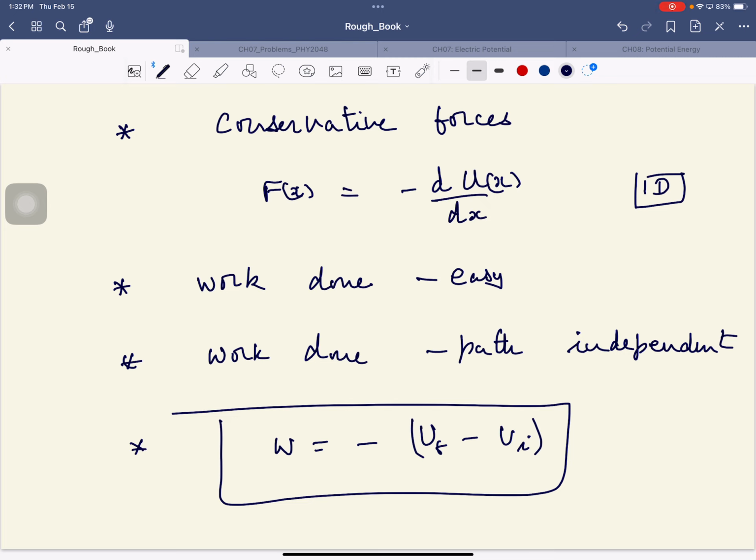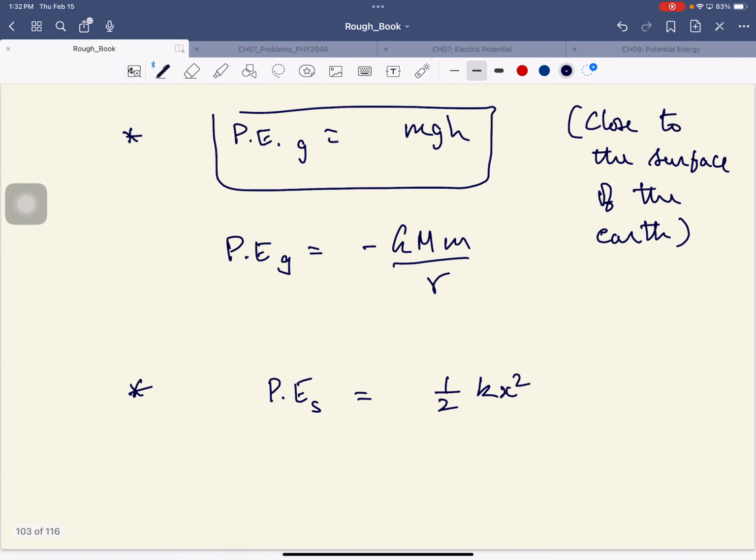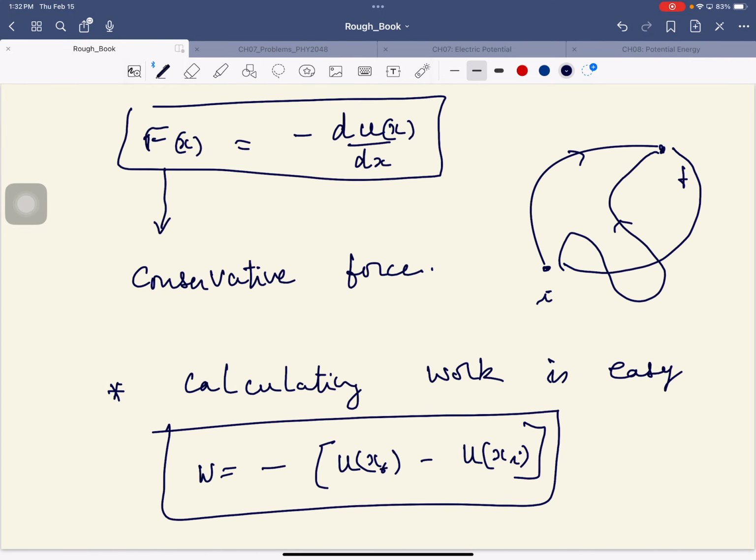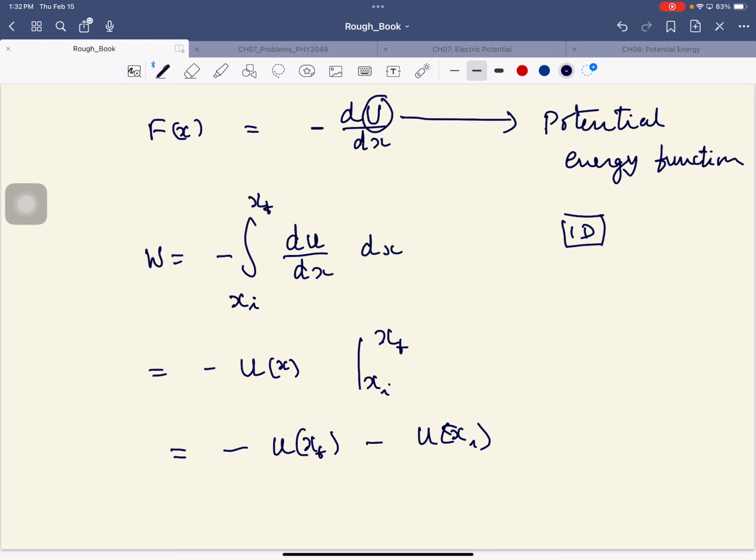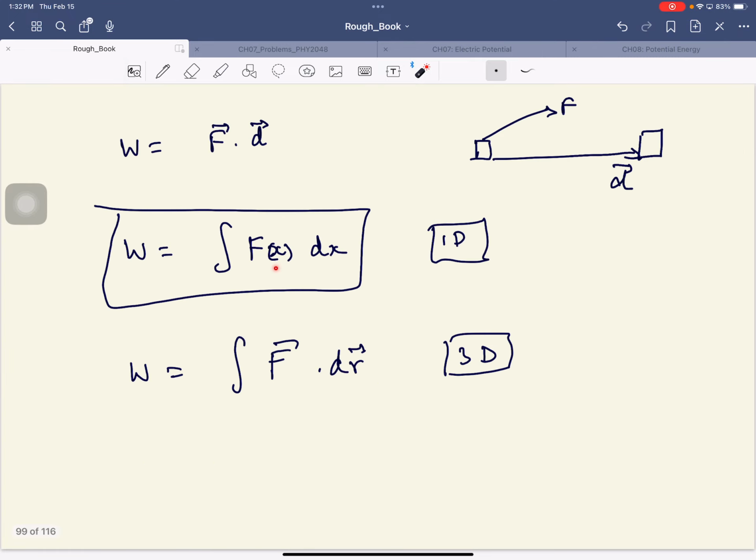You guys understand this? It's just using the fundamental theorem of calculus. What is it based on? This one simple equation. This entire chapter is on this: work done is the integral of this force.